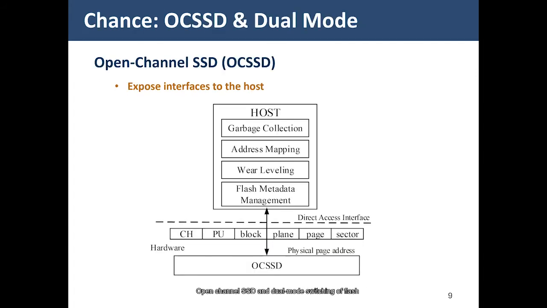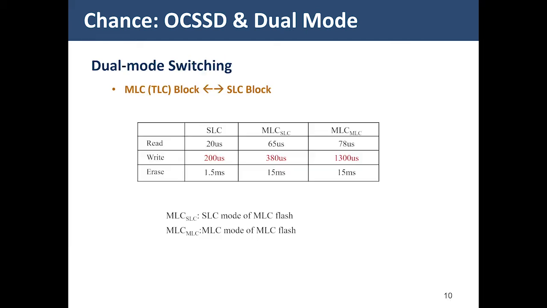Open channel SSD and the dual mode switching of Flash give a new chance for solving the above problem. OCSSD exposes the interface to the host so that the FS and the device are no longer ignorant of each other.